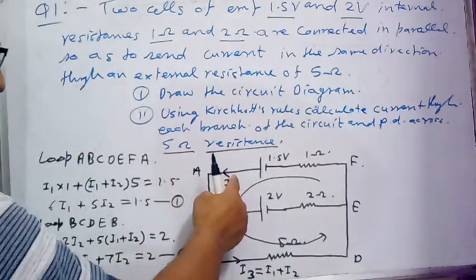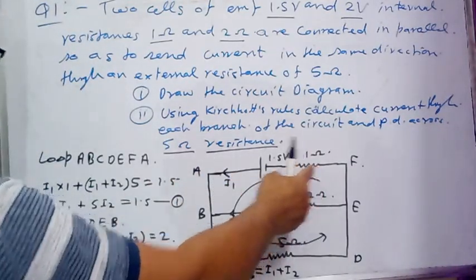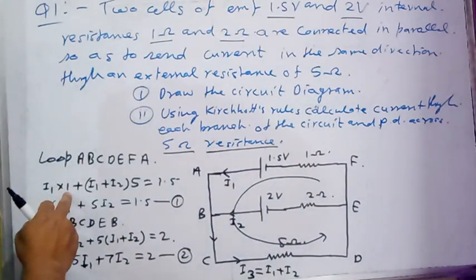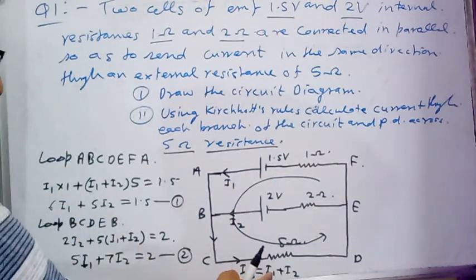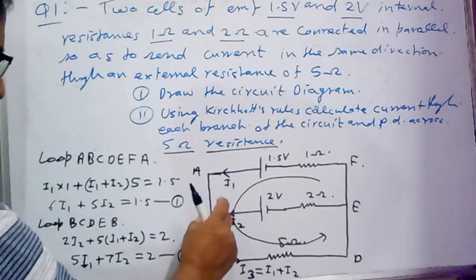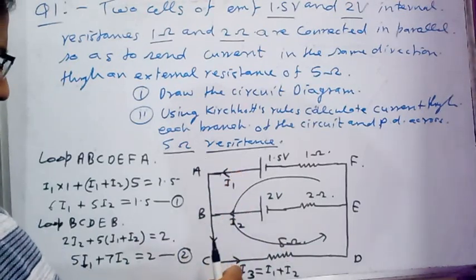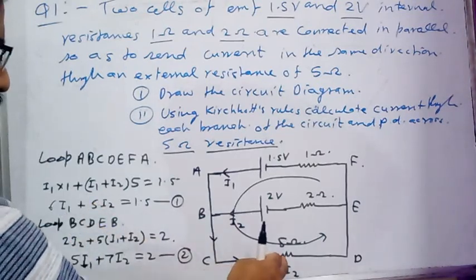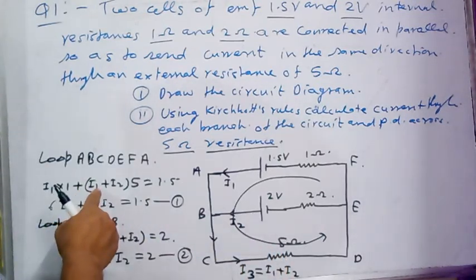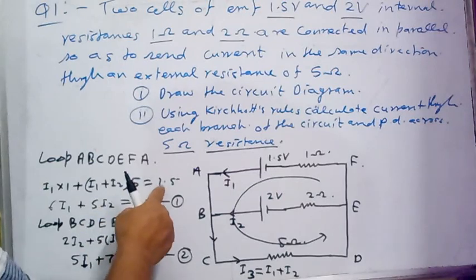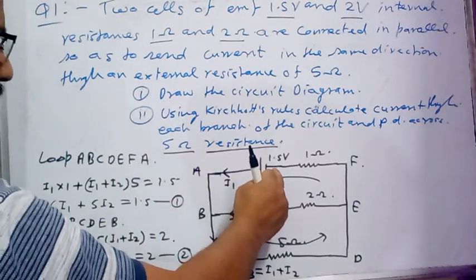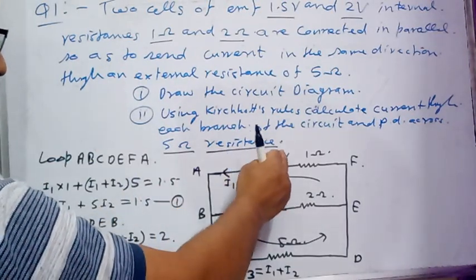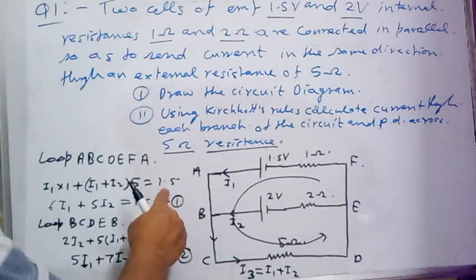Here you can see I1 current is flowing through resistance of 1 ohm. So we can write I1 into 1 plus I1 plus I2, the sum of the two currents I1 and I2, that is I3, is flowing through 5 ohm resistance. So 5 multiplied by I1 plus I2 is equal to 1.5. As we are moving from negative terminal towards positive, the EMF of the cell is considered to be positive.